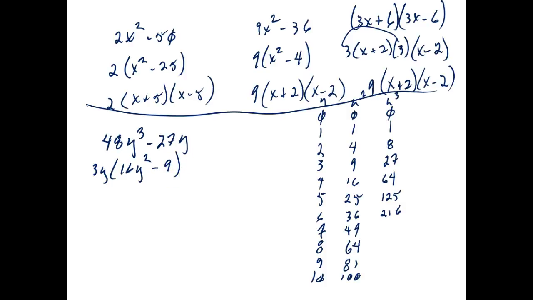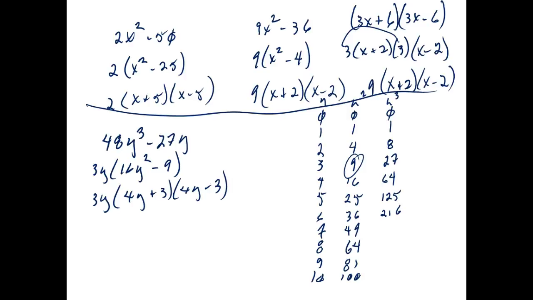Everybody see that? Are you through then? Why not? 3y is still a factor. 4y plus 3 times 4y minus 3. Y'all got it? Because see, there's our 9 right there in the square column. We knew that, okay? So now we're fully factored.